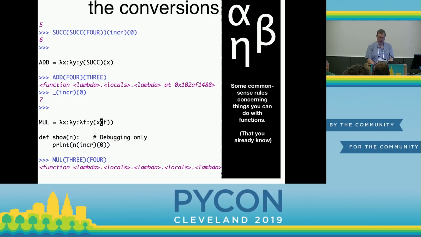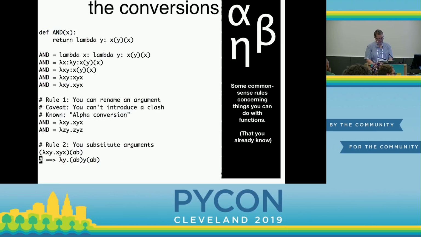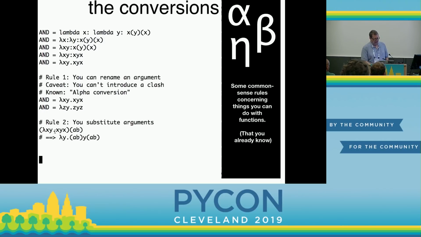You said it was lambda y, but where does that first y come from there? Oh, so this is where this thing gets really confusing. Here, there's only a single argument, which is the AB. And it turns out that the AB went in as the argument x.